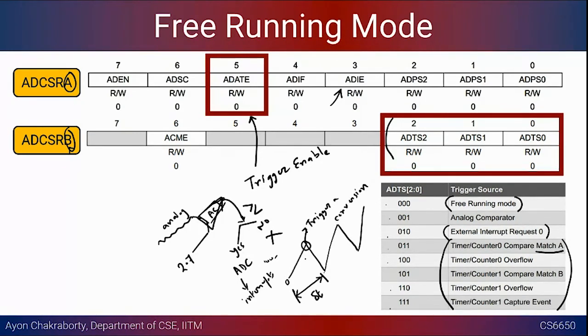So you can pre-program that depending on how frequently you want to trigger the timer. You have to find out what value of a you should load in the counter. What should be the value of a? You know the counting rate, so you know how long it will take to count from 0 to n, and then n you have to find out and load into the counter, not program counter. Okay, so this is about the free running mode.